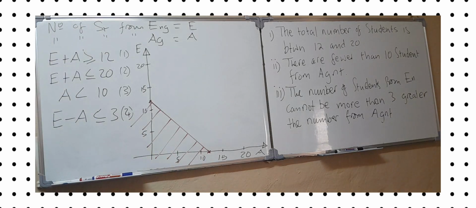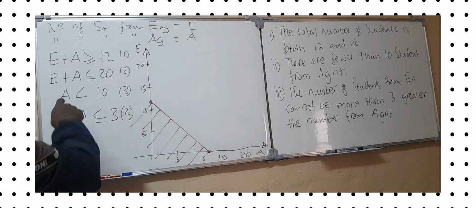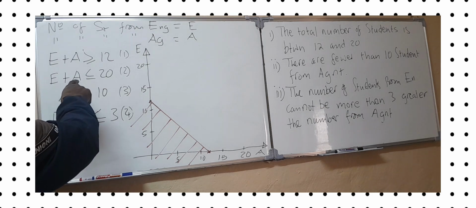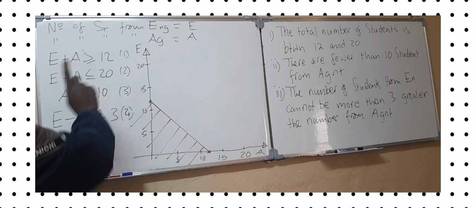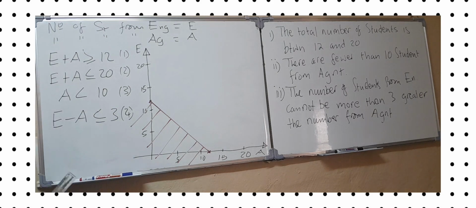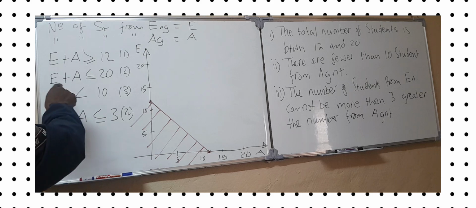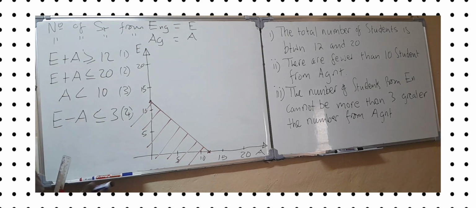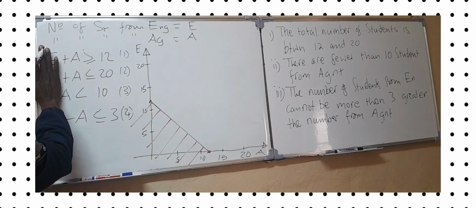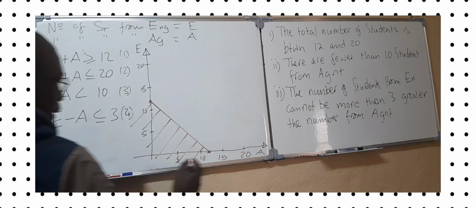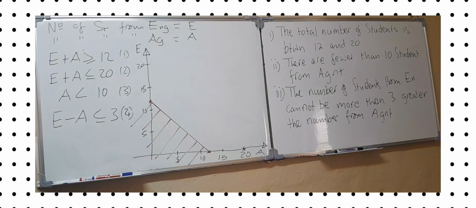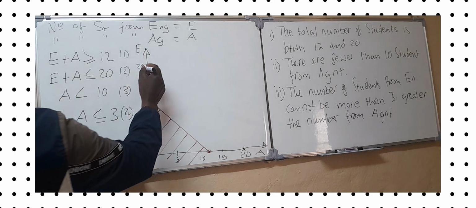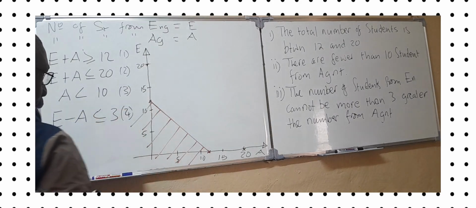Okay? Right. Let's go to the next inequality. The next inequality says E plus A is less than or equal to 20. Okay, we plot it as if it's E plus A is equal to 20, right? So when E is 0, A is 20. So there is our point there. When A is 0, E is also 20.